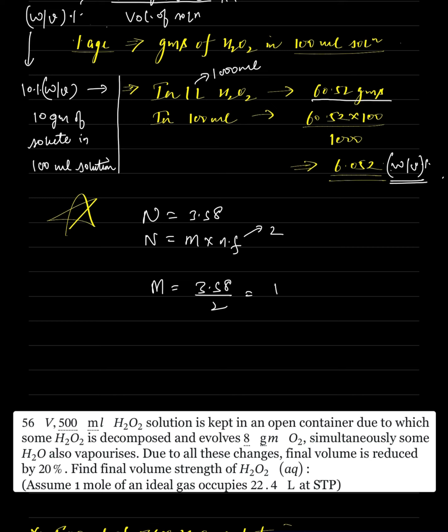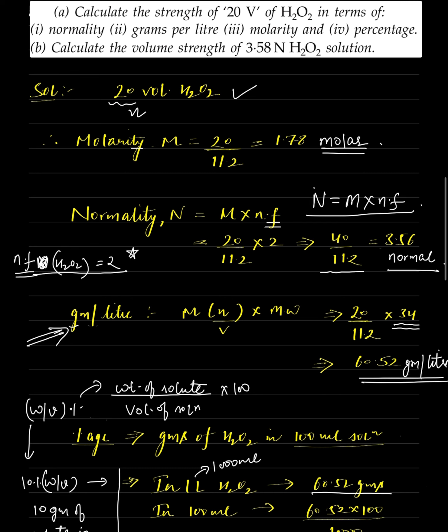So it will be 1.79. This is the molarity. Once we obtain the molarity, we can easily find the volume strength, that is X. So X will be equal to 1.79 into 11.2. Once you calculate this value, you will obtain the volume strength of H2O2 in part B of the question, right?